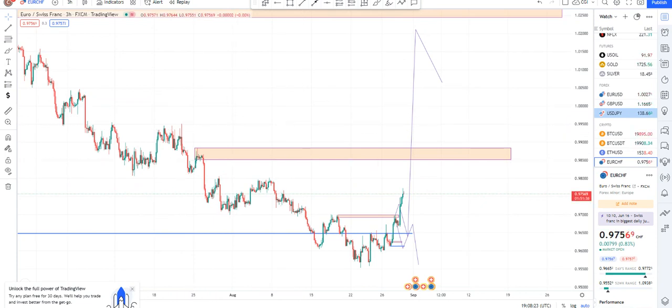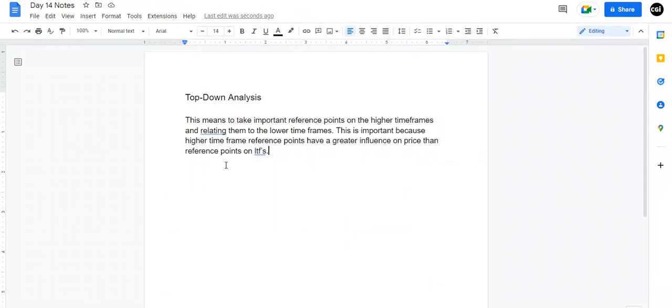In your top-down analysis there is a process to follow. The first thing you do is check the monthly and weekly bias.